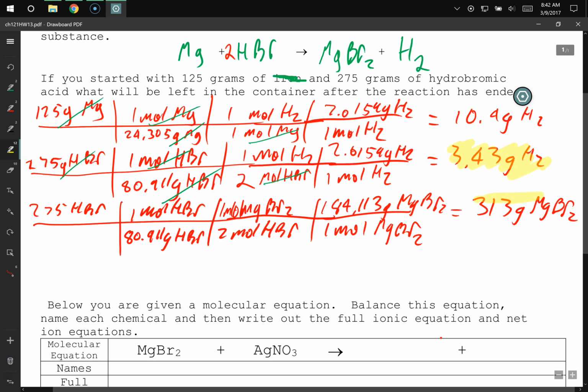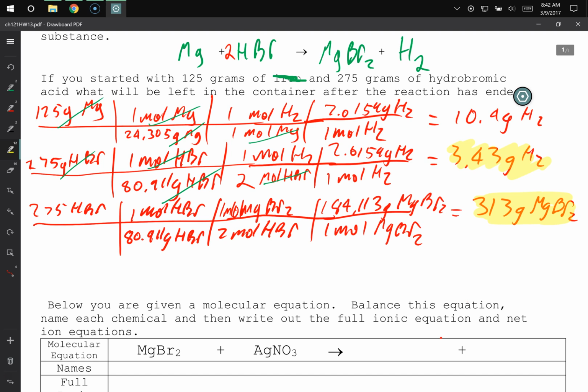So I know I've got this much magnesium bromide made in the container. I want to know one more piece of information though. What is it? Well, that's 0. How much magnesium is left, right? The hydrobromic acid ran out.